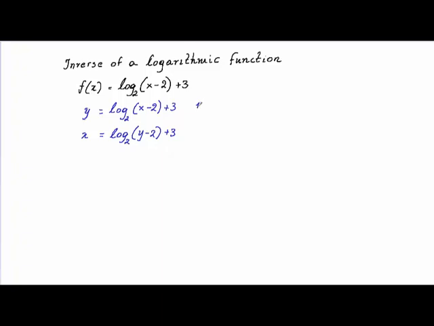So, step 1, we change the f of x to a y. Step 2 is interchanging the y and the x.